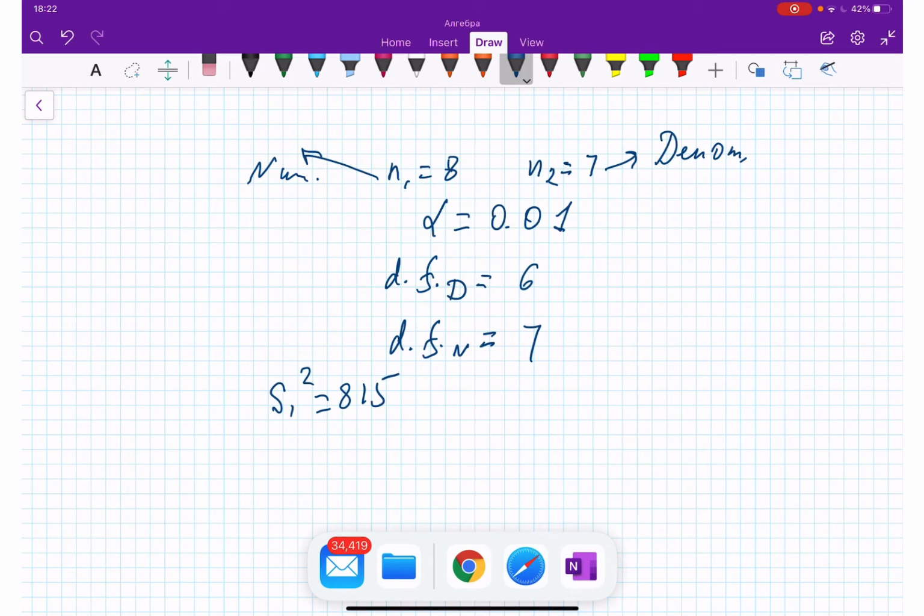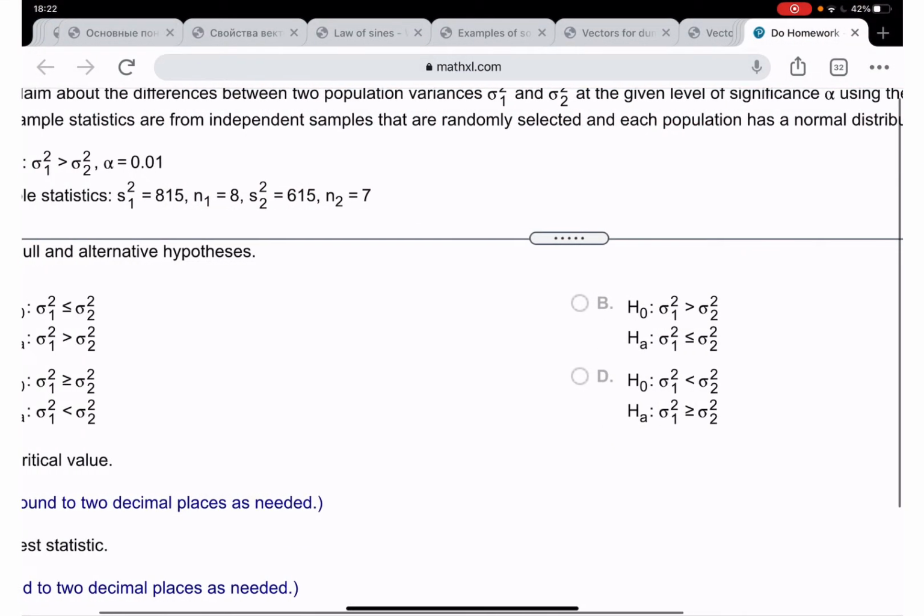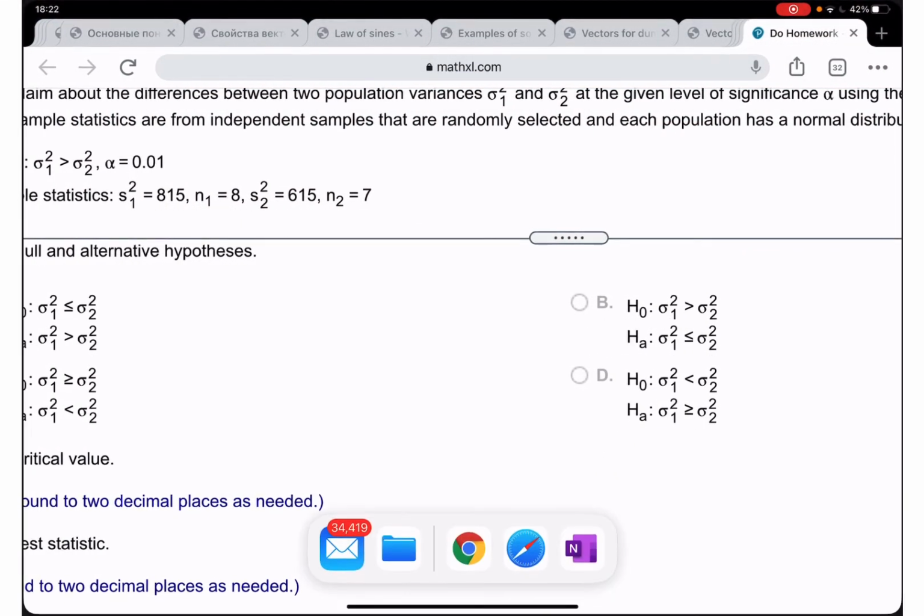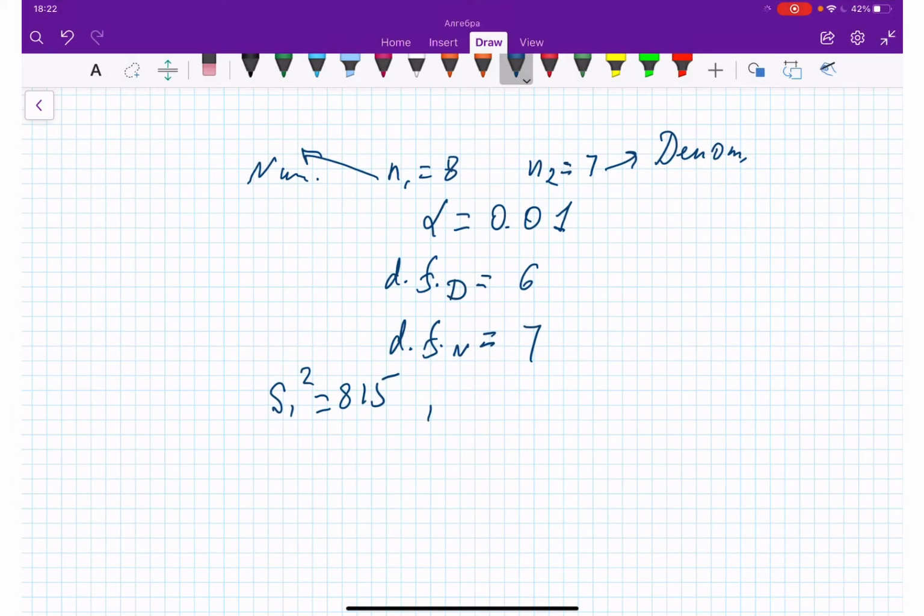815, and 8 to square 615. So we're gonna get 815 divided by 615. So F statistic is gonna be S1 squared divided by S2 squared.